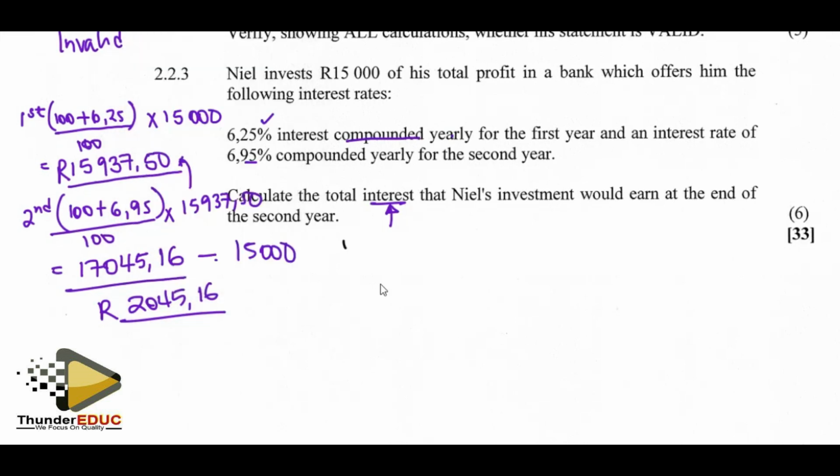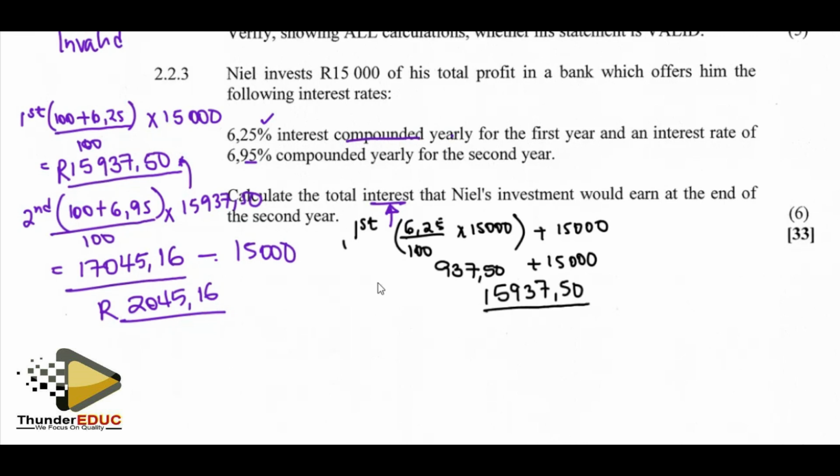Another option would be, you would say, first year, you look for the interest times 15,000 plus 15,000. 6.2, which is the money at the end of the first year.